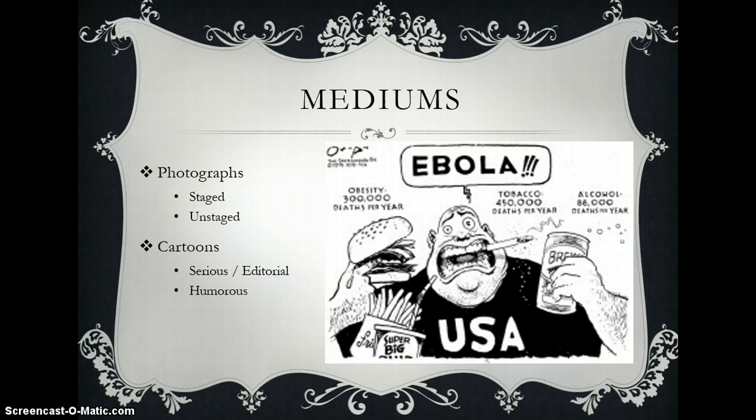Within this cartoon, you can see that the author is trying to make a statement about the United States and I guess our overall paranoia about Ebola, and how he's making the assumption that most people die from alcohol, tobacco, and obesity rather than Ebola. And again, he's also using the persuasive appeals, ethos, pathos, and logos.